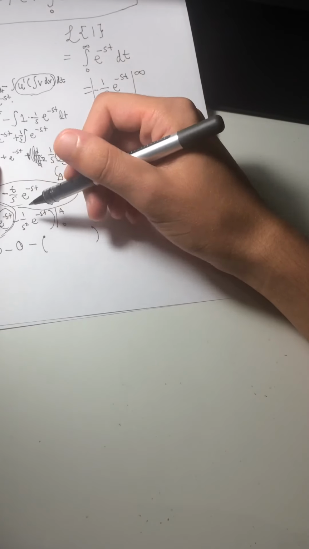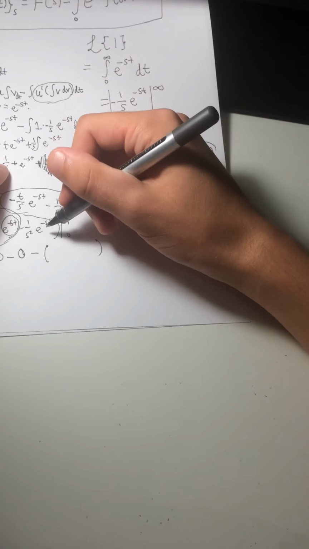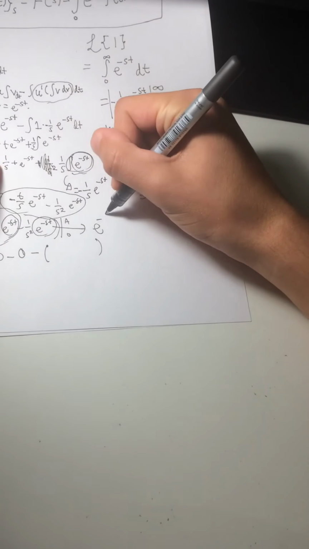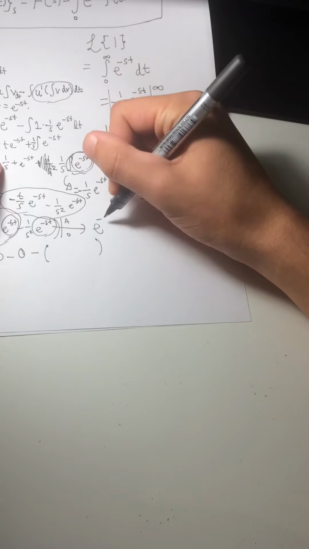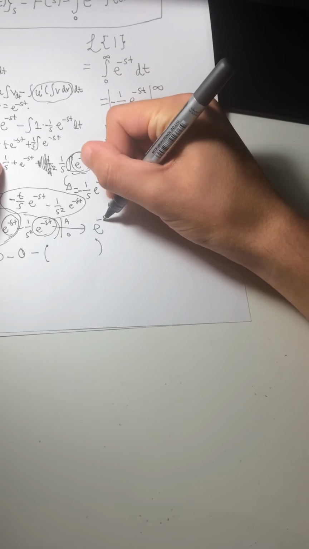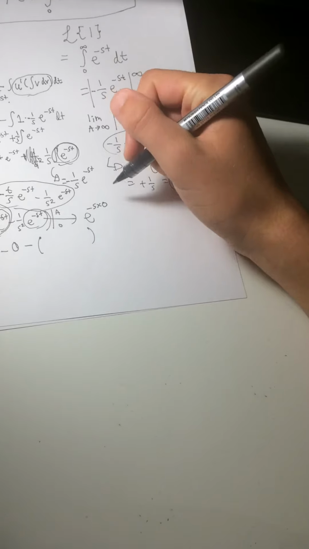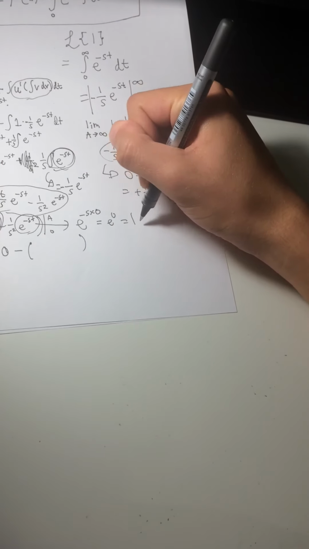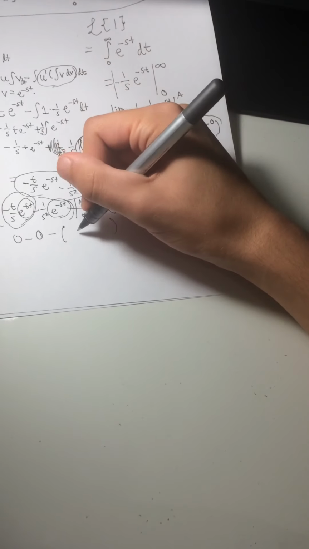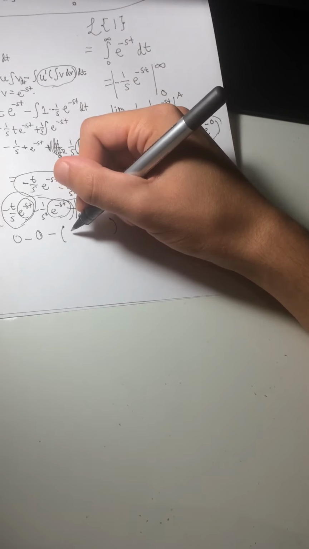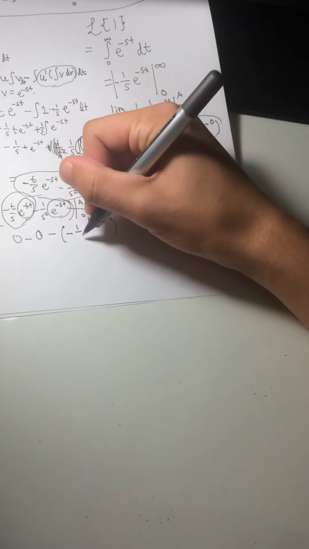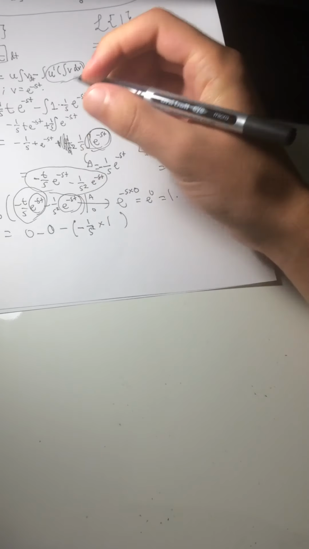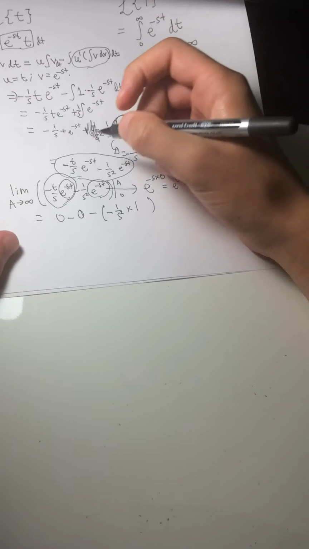And in the meantime, we know that e to the power of minus st is going to be e to the power of minus s times 0, so you know that's basically e to the 0, which equals 1. So yeah, we have 1 over s squared times 1. Yeah, that's where we're finishing up.